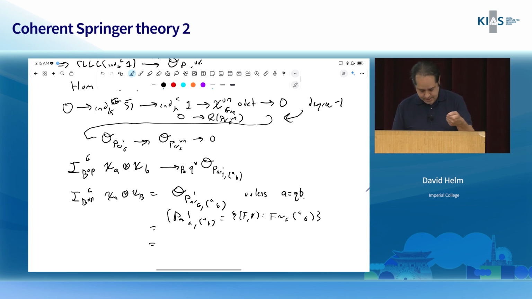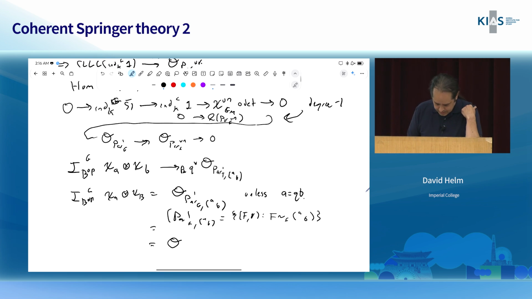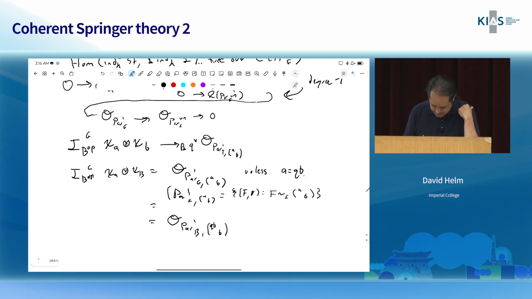And otherwise, it's this 2-term complex. It's O of Par_1 B of QBB.